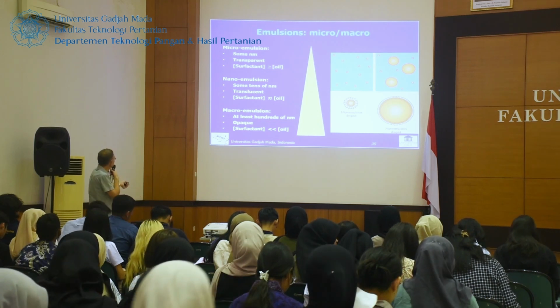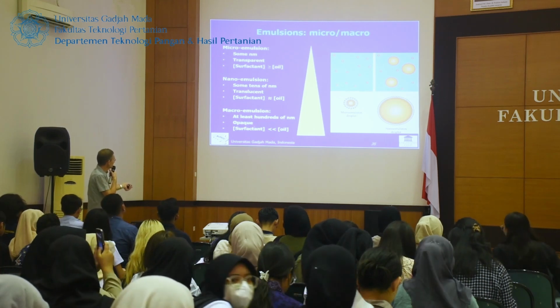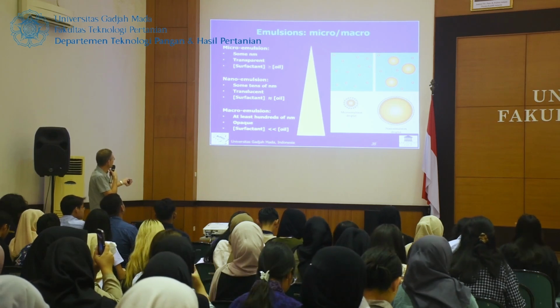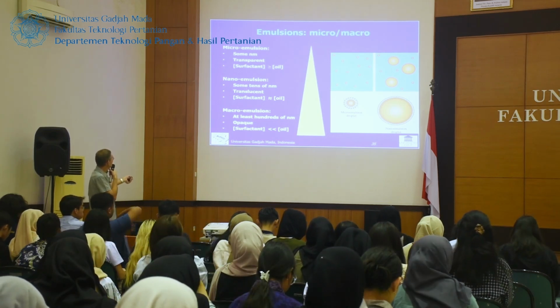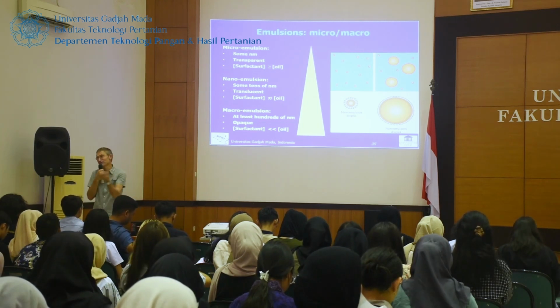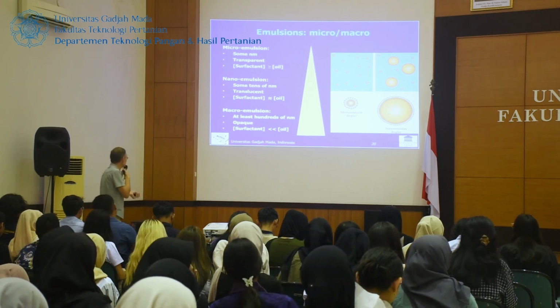But in this case, it's about size dimensions. The macroemulsions are the biggest ones, nanoemulsions are intermediate, and microemulsions are the smallest. Whereas normally micro refers to micrometer, and nanometer should be smaller. But that's due to historical reasons.